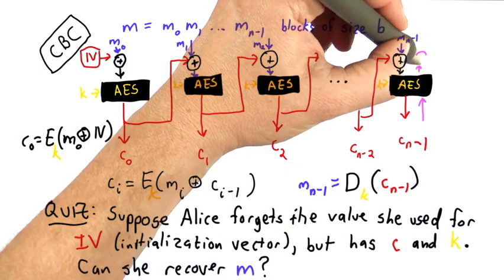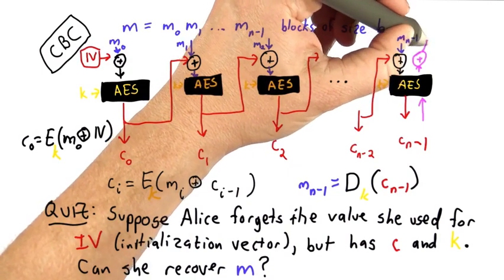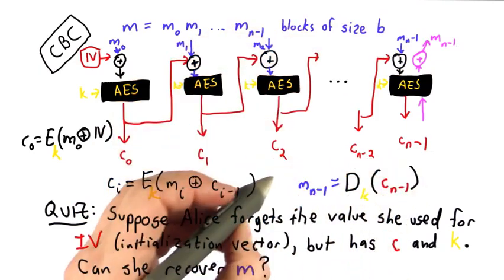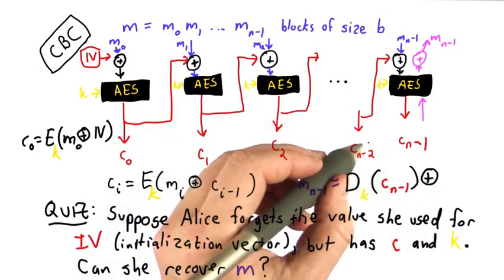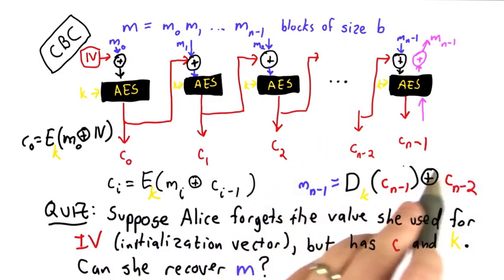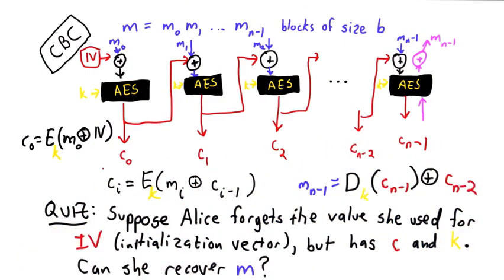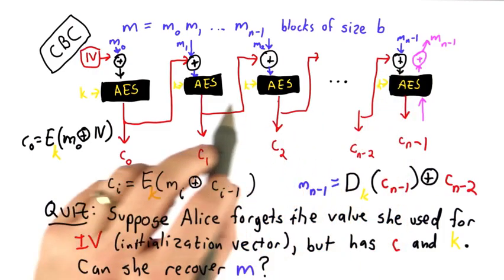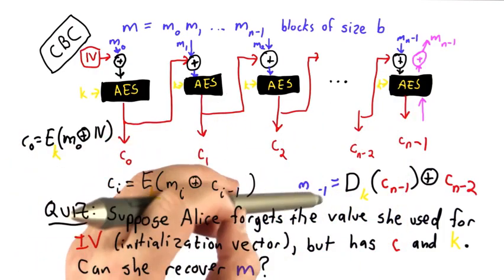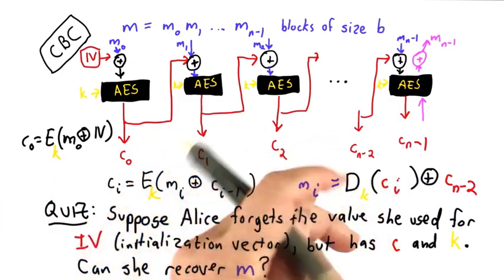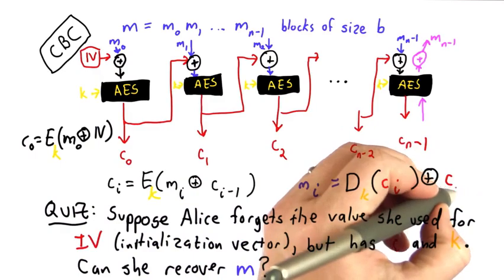To get it, we need to XOR to get message block N-1, and that means XORing with the ciphertext value of the previous block, which we already have. Remember, we start with all the ciphertext blocks. This is how we decrypt the last block, but each block is the same. To get message block I, we decrypt ciphertext block I and XOR that with the previous ciphertext block.